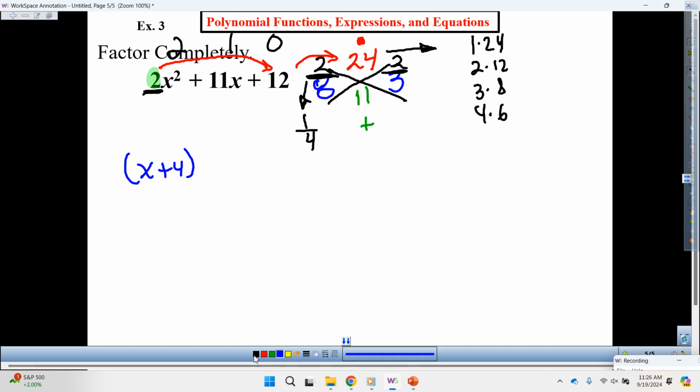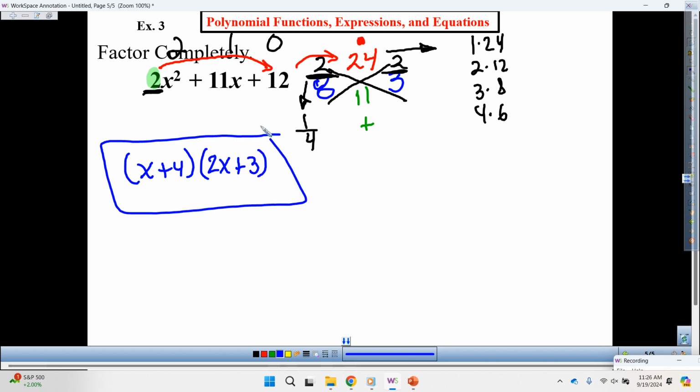Can I simplify this fraction anymore? No. So that means that my second factor is 2x plus 3. Copy that, please. Ooh, let's go.